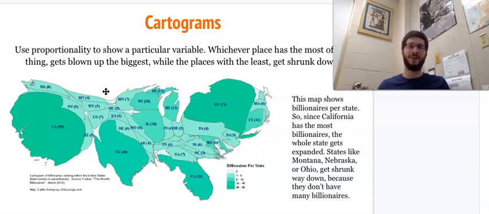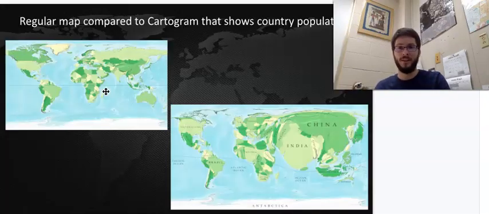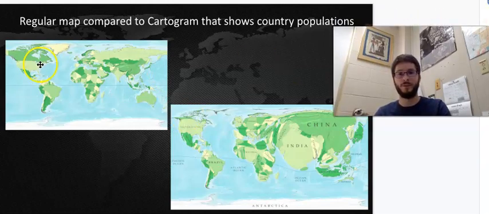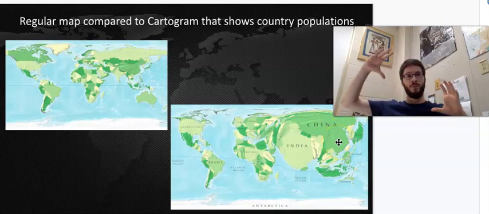I don't know that the cartogram is ever like the perfect representation of anything. I just like them because they're kind of fun. You can see population in the world, right? Here's a regular map. This is how a regular map would look like. And then over here is a map that's a cartogram. So it's population. So they took China, which has the most people in the world, and they made China humongous.